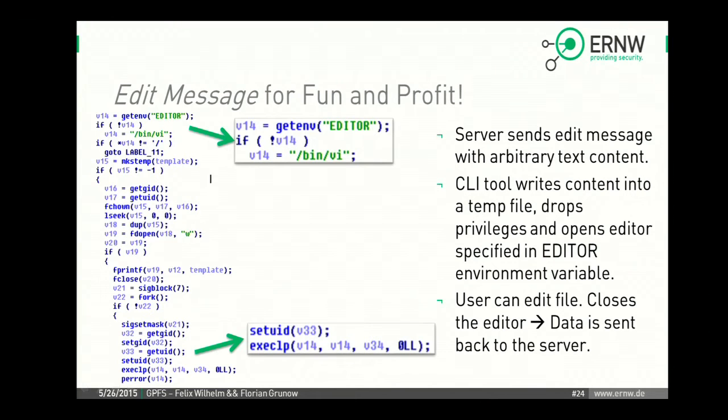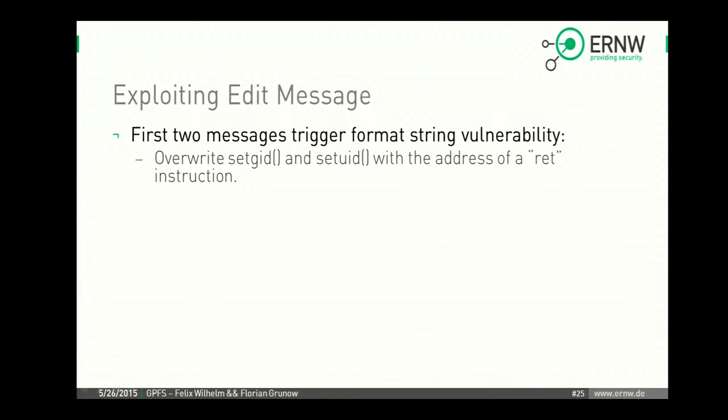So the user can edit the file or the message, save it, exit the editor, and the data is sent back. What we're going to do with this now is send 3 messages. The first 2 messages will override setgroups and setuid with the address of a ret instruction, which basically means that we are going to knock out setgroups, setuid, so this should not drop privileges anymore.